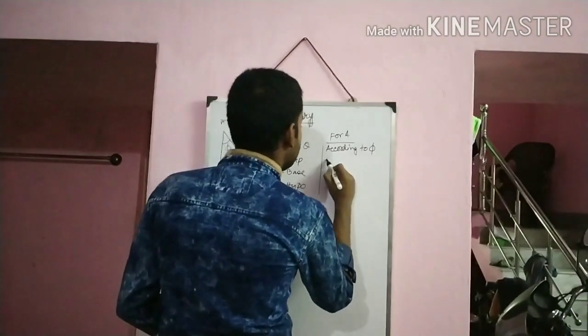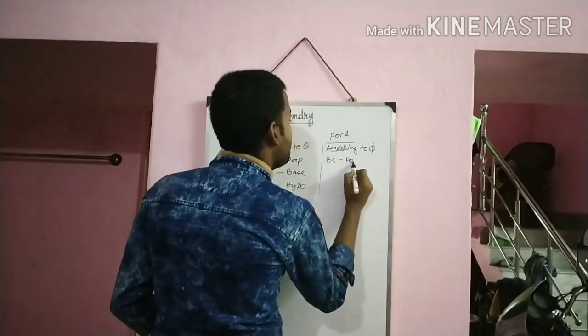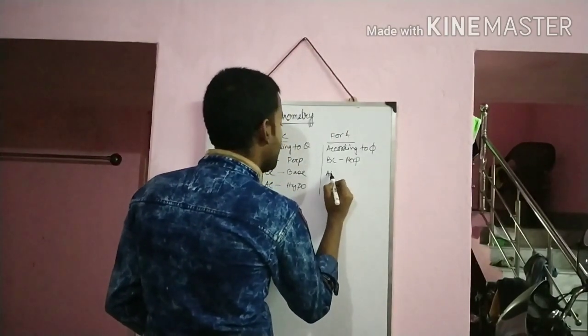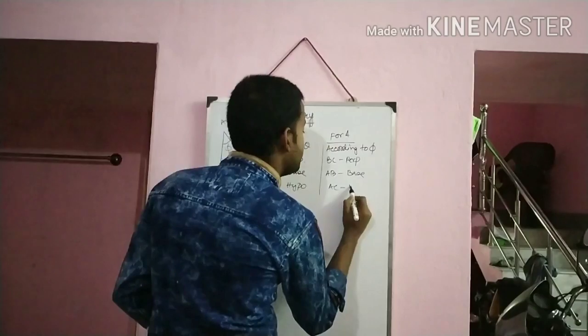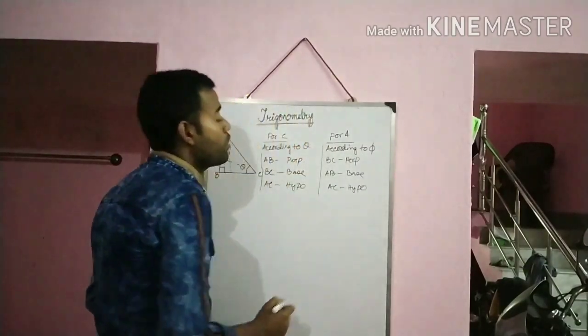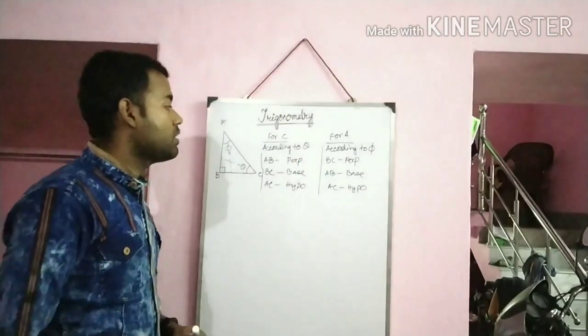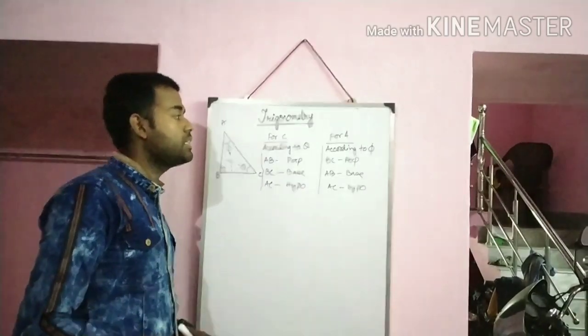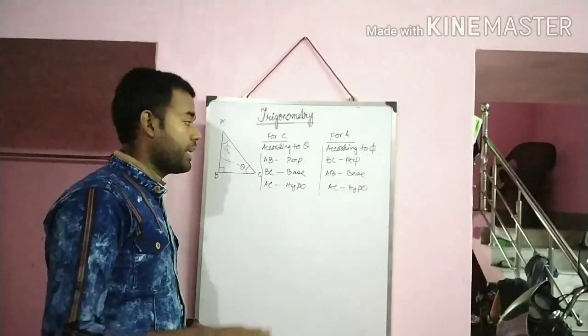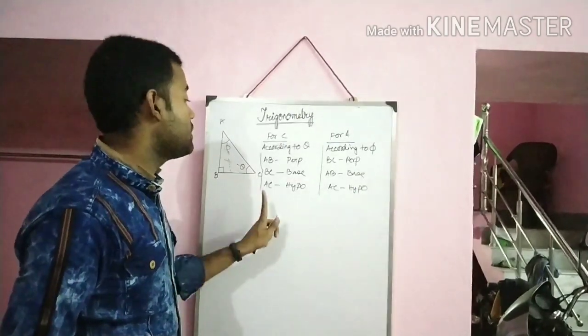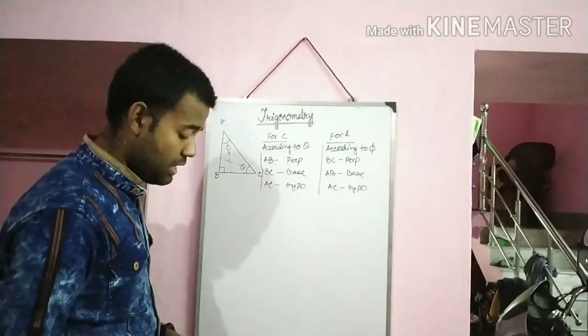So in this case, BC will be our perpendicular and AB will be our base. But here also the hypotenuse remains the same. So you can see that in a triangle, the perpendicular and base interchange depending on which angle or vertex we are following, but the hypotenuse always remains the same.